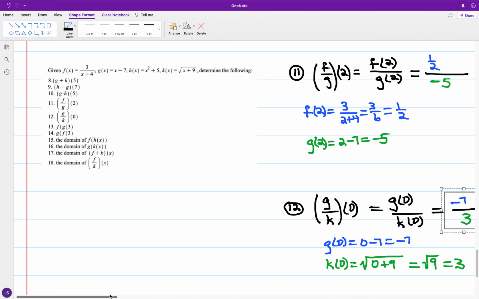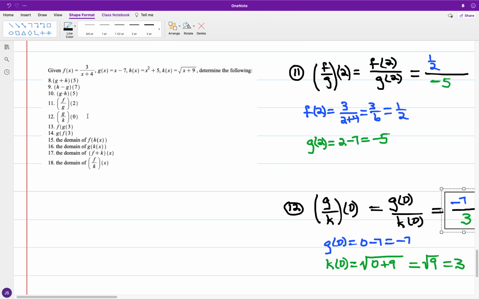for what we have in the case of number 13, okay, so we're looking at composition of functions f and g, where the value of the input x is at 3.